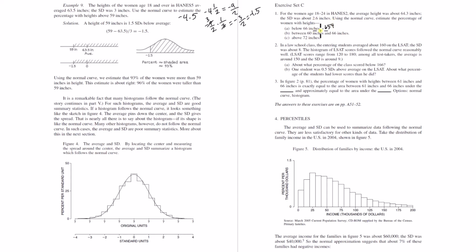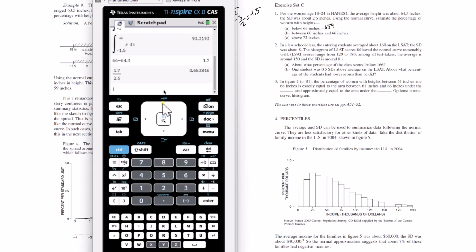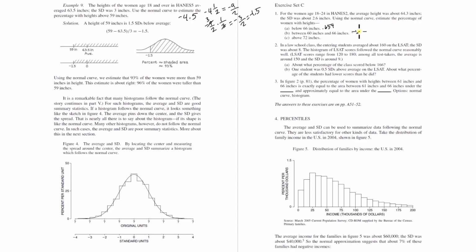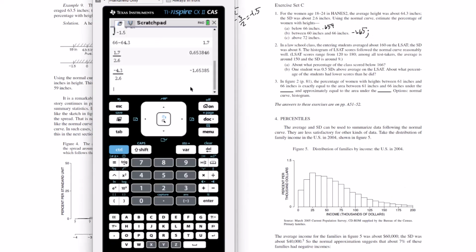All right, let's convert 60 and 66 to standard units. How far is 60 from 64.3? It's minus 4.3. How many standard deviations is minus 4.3? Minus 1.65. Okay, 66. How far is 66 from 64.3? 1.7. We just did this.